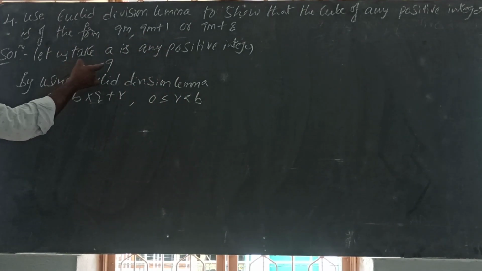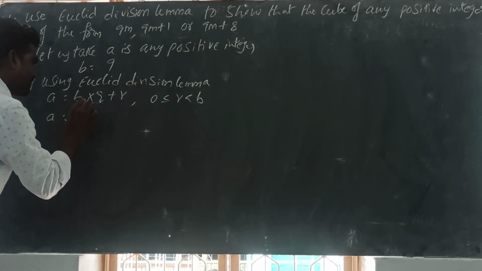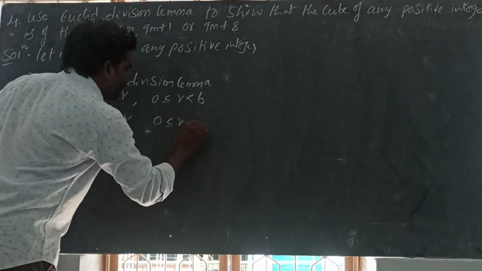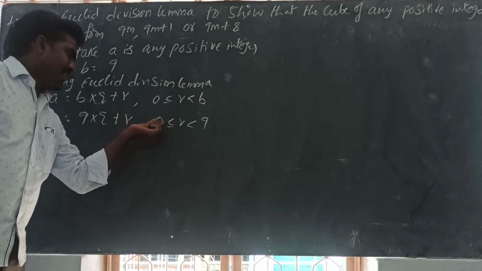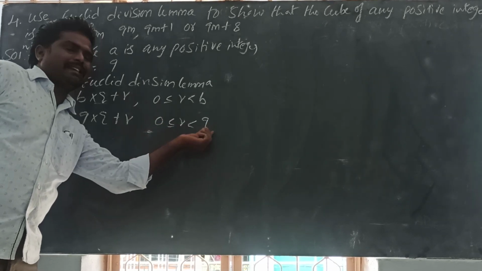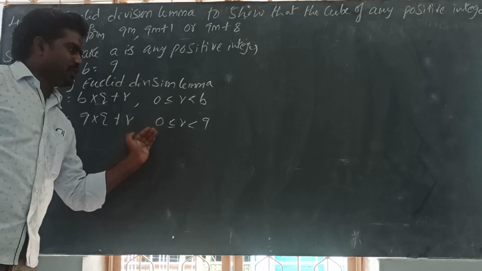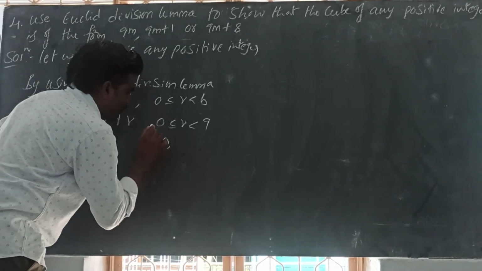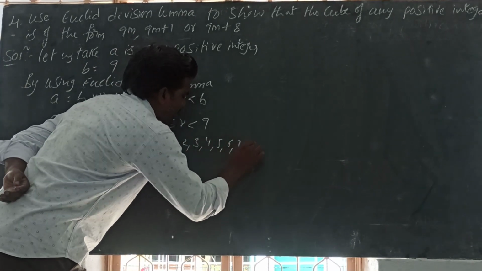So here what is the b value now? 9. The divisor is 9. You can write as 9q plus r. So the values of remainder is what now? Greater than or equal to 0 and less than 9. So the values of remainder are 0, 1, 2, 3, 4, 5, 6, 7, 8.